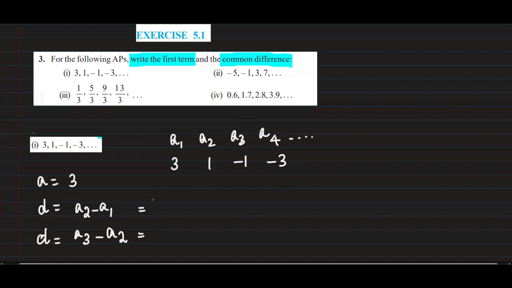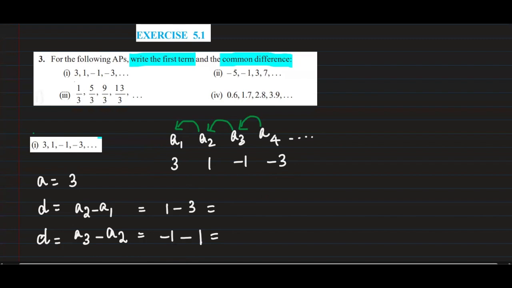So D is equal to 1 minus 3, because A1 is 3, and then A3, which is minus 1, minus A2, which is again 1. So it's basically A2 minus A1, or A3 minus A2, or A4 minus A3 and so on.